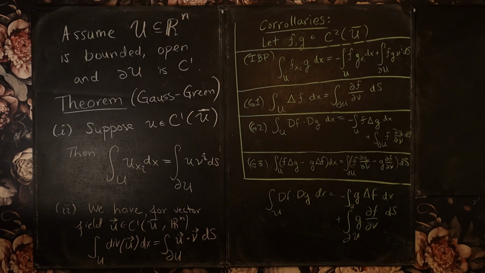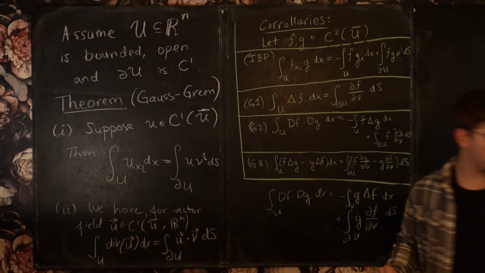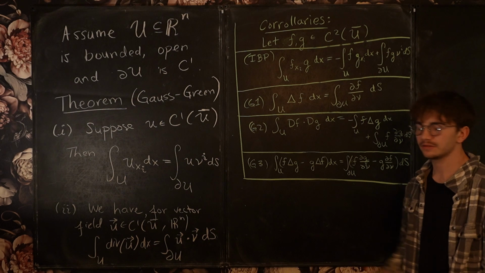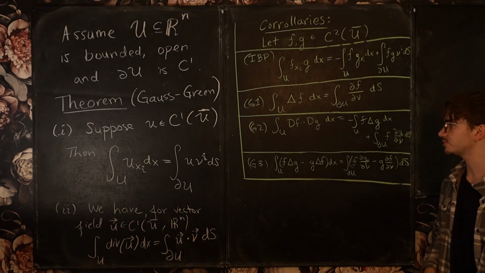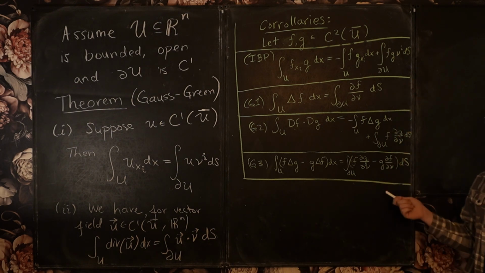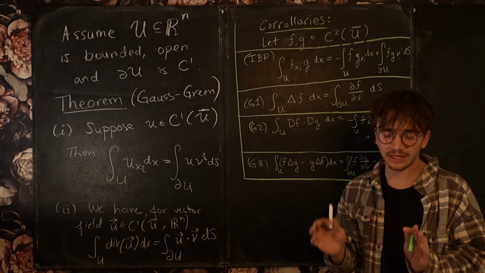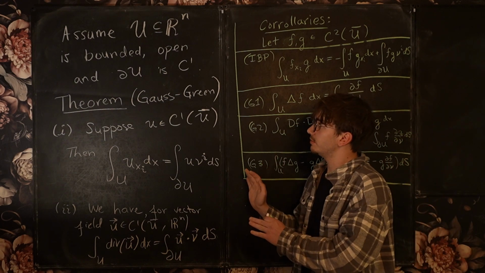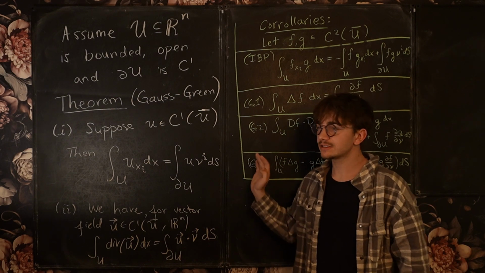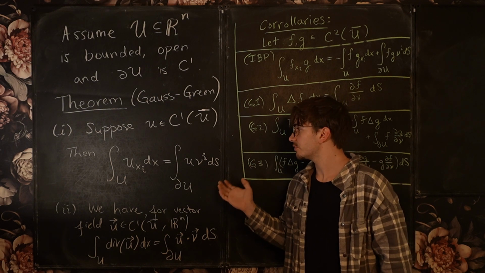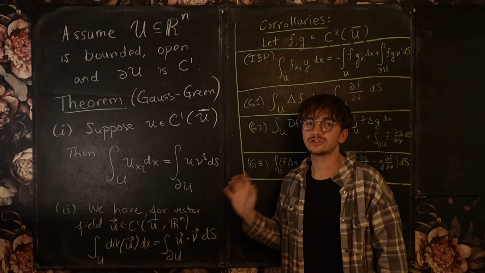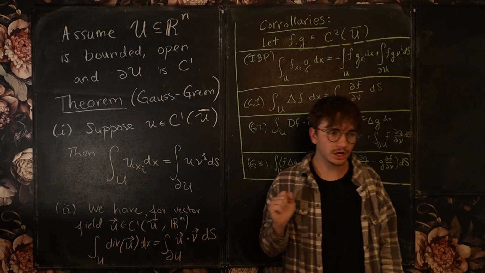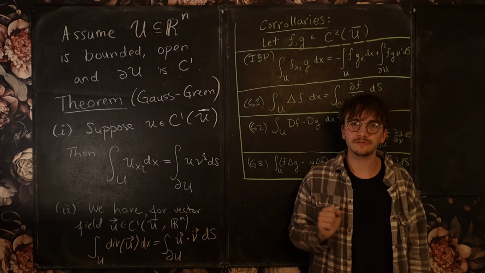So basically what I briefly covered here, and you can verify these computations on your own if you want a good exercise, is that all of these critical calculational tools are direct corollaries of a single theorem, the Gauss-Green theorem. So we can see already that this Gauss-Green theorem is so powerful, okay? The proof is a little bit technical, and we're going to go through every step, hopefully in sufficient detail.